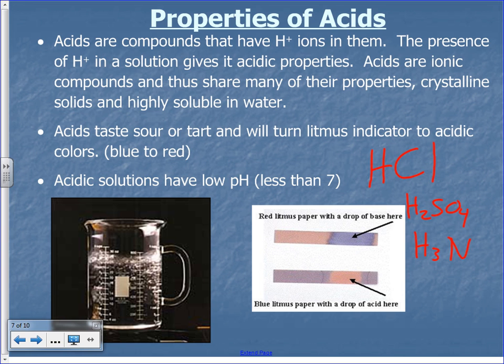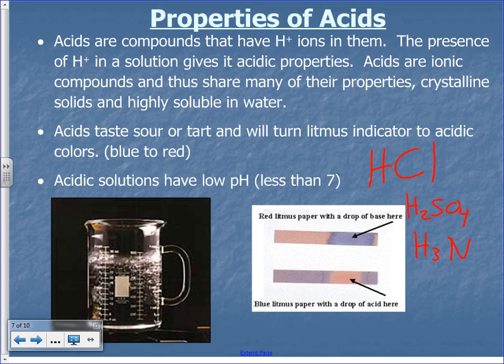Okay. Which one do you suppose is the strongest? Hydrogen sulfate is sulfuric acid. It is very strong, but it isn't the strongest one there. H3N. The thing that makes a substance acidic is how many hydrogen ions it can put into the solution. So the more hydrogen an ionic compound has, the more acidic the solution will be.